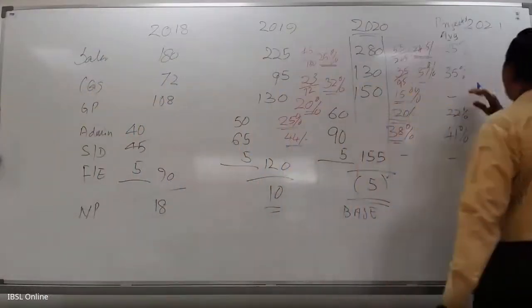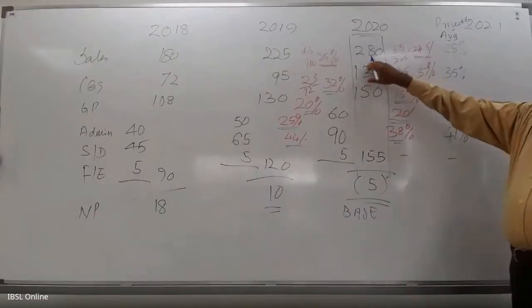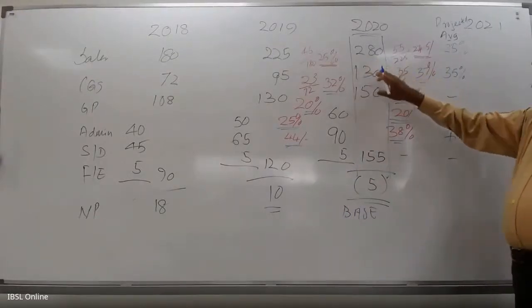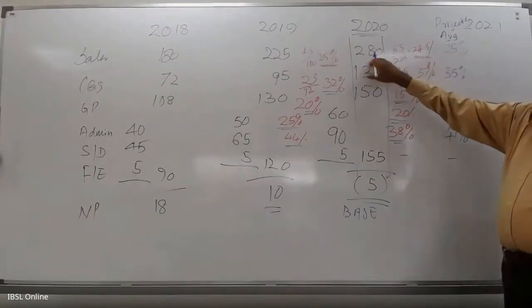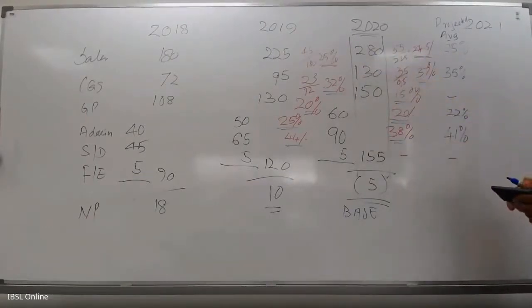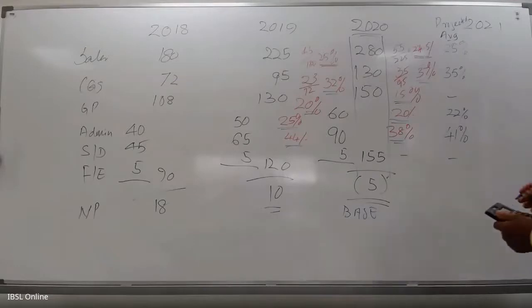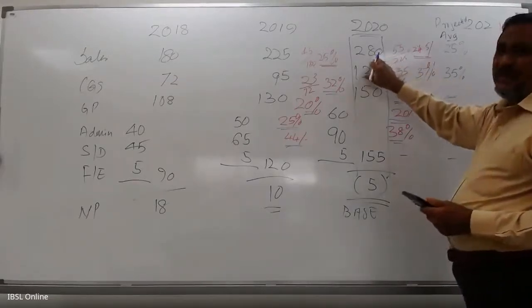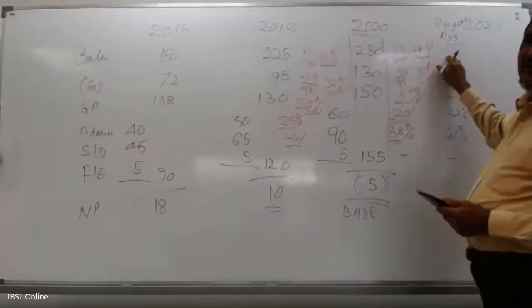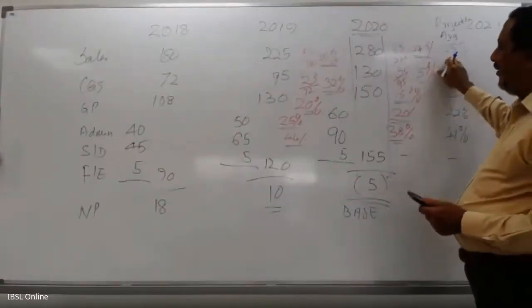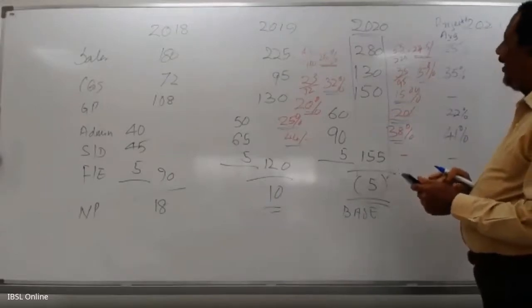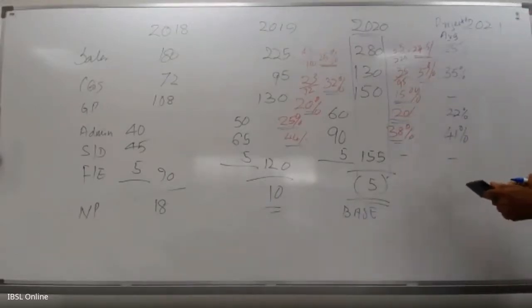Right. So 25% on 280, how much? 25% growth on 280, how much? So this is as well 180. See, this is by value. 280 multiplied by 1.25.